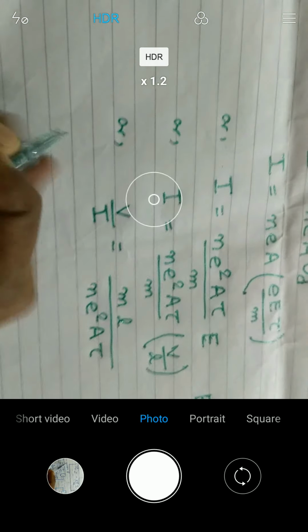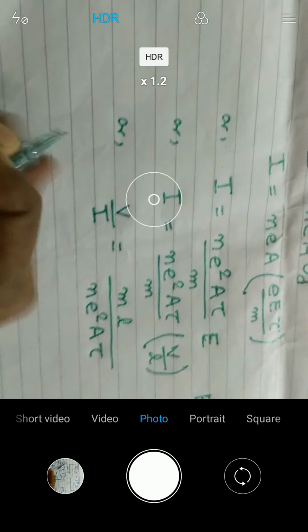Now see, as you all know, conductance is the reciprocal of resistance. The reciprocal of resistance is called conductance. So conductance will be given by Ne²Aτ divided by mL.